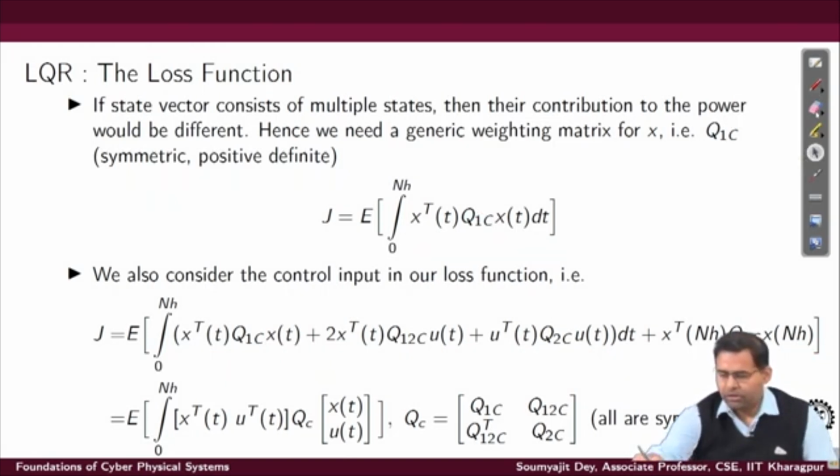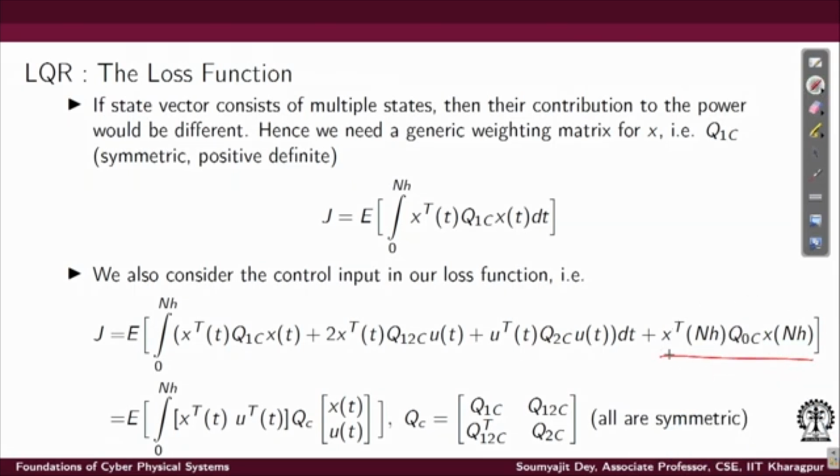And last but not the least, as I also said, you also want to know what the final value of x is at the end of the horizon. So, for that you add this additional term here for the nth step.